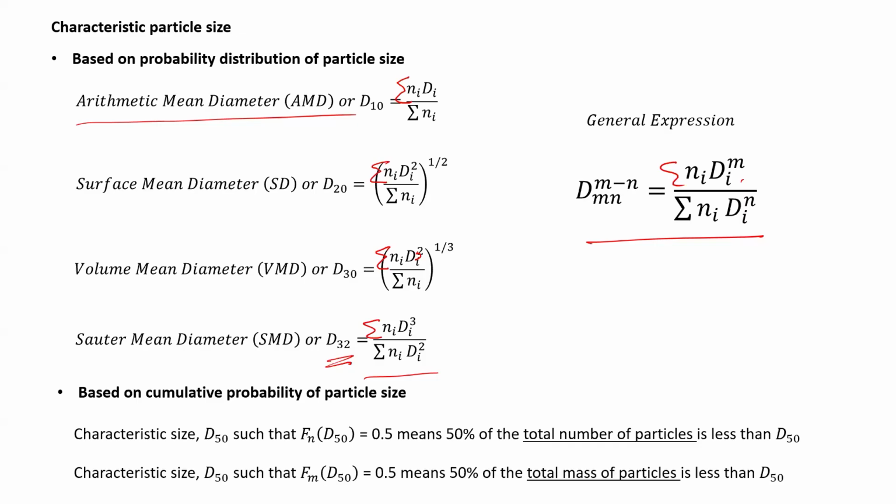Similarly, I can bring in cumulative mass probability and say that D50 refers to the size such that 50% of the total mass of particles is less than this size. Here it need not be 50 only. It can be anything. For example, it can be D90. What is D90? D90 based on cumulative mass probability is the size below which 90% of particle mass exists. Okay. In many applications, these are also used.